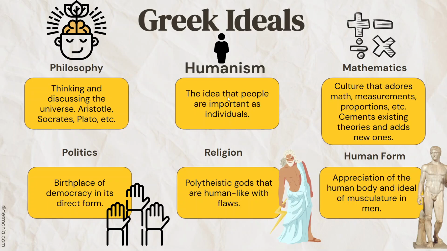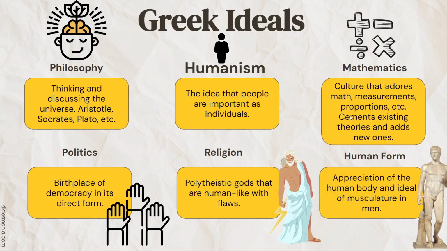So also, according to humanism, we do see mathematics being an important factor in these Greek ideals, because once again, we're tying to the individual, and they are looking at math that's developed from other cultures, and they're building upon those mathematics and cementing them under different theorems, and they're naming them after the people who quote unquote discovered them, depending on who you talk to.